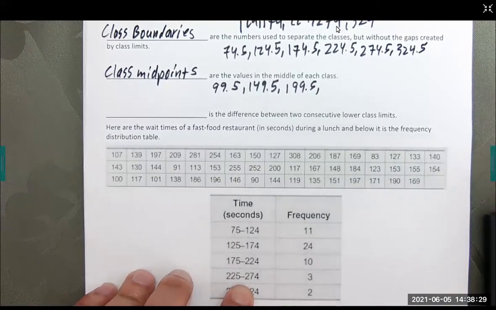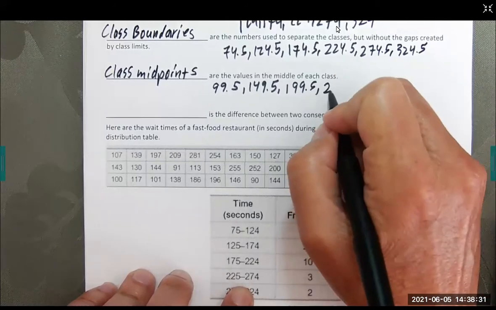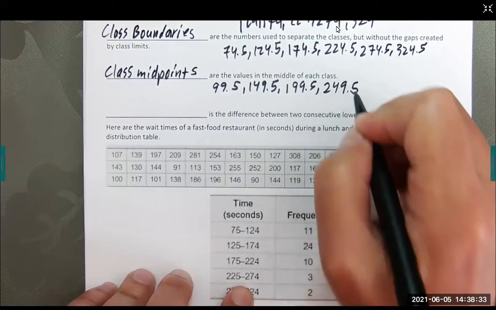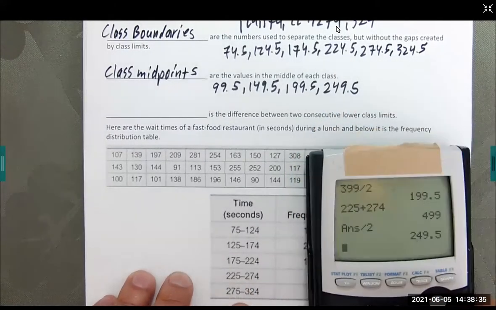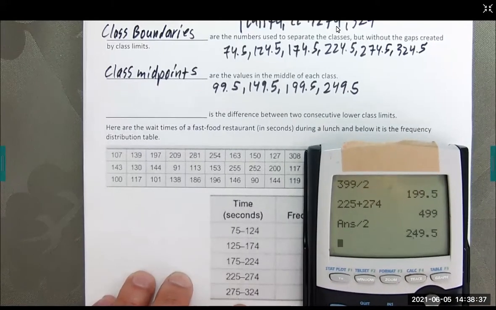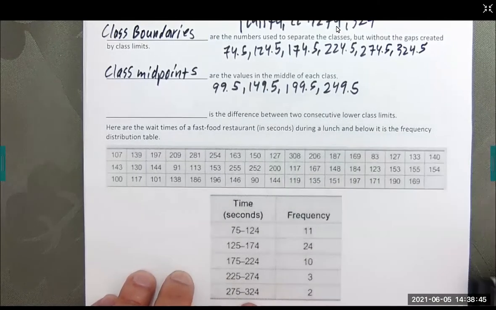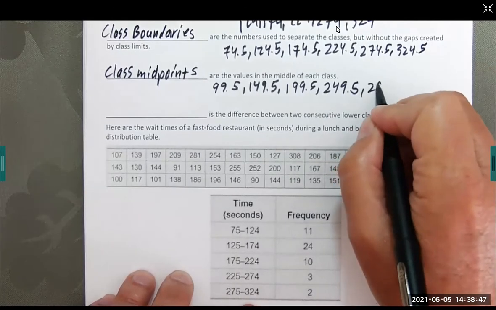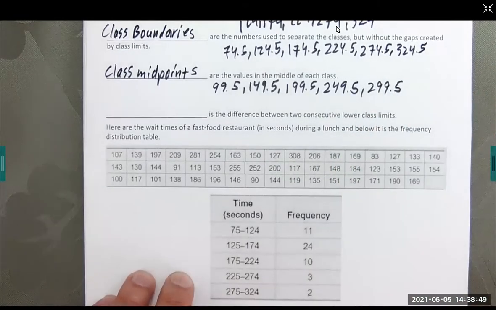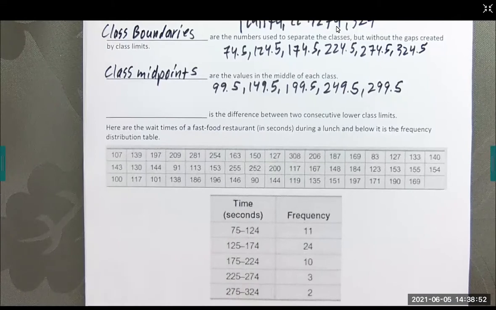So 249.5. And you might start to see patterns as you're doing this, which is fine. 275 plus 324 divided by 2, 299.5. Those are the class midpoints.